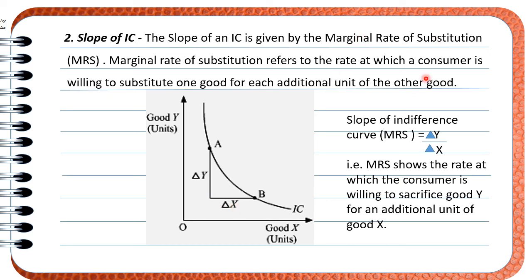That is, sacrifice divided by gain. So the marginal rate of substitution refers to the rate at which the consumer is willing to substitute one good for each additional unit of the other commodity. Because of the marginal rate of substitution, the indifference curve is sloping down.